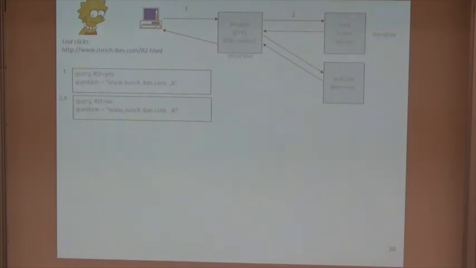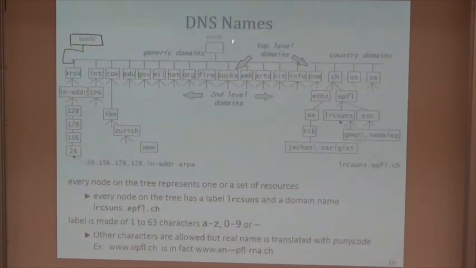Iterative means, in the worst case, where this server really knows nothing of the world, it has to know the IP addresses of what are called the root servers. The root servers are the servers that contain the information about the top of the hierarchy, typically the three-letter systems here, and also some of those here.